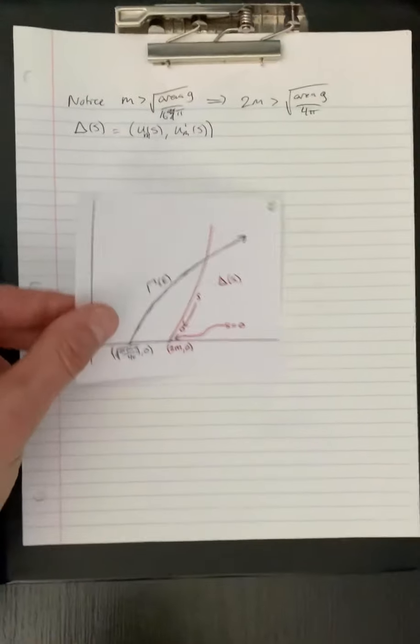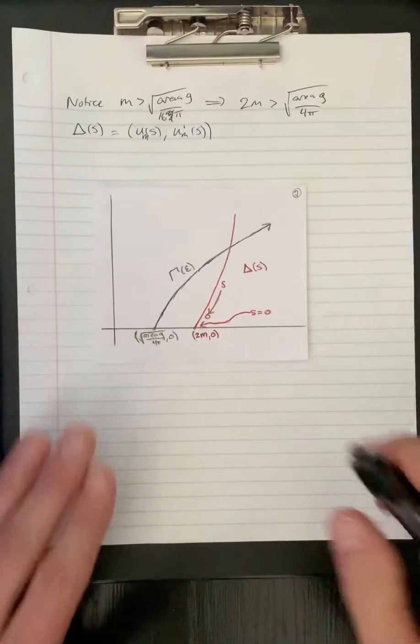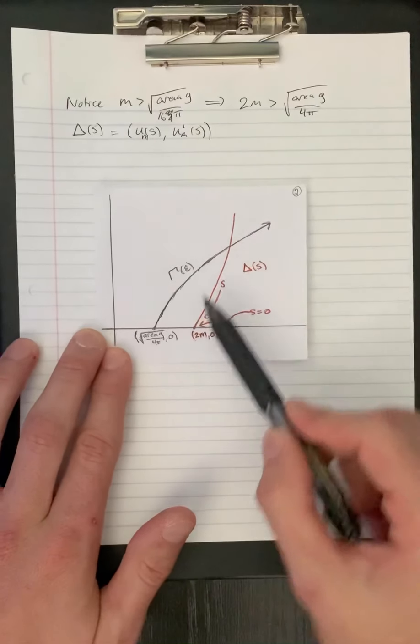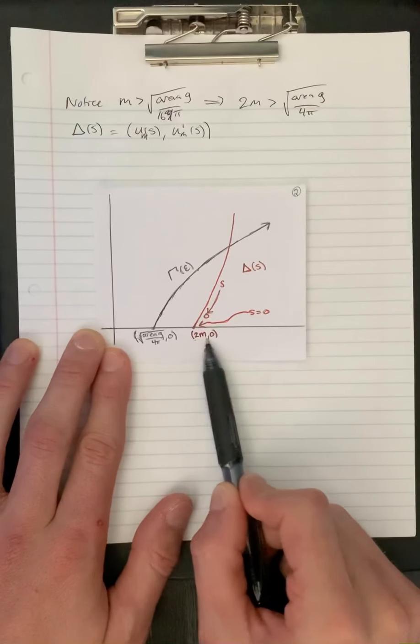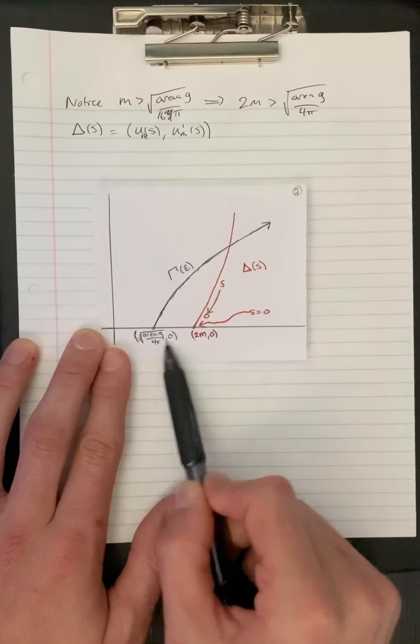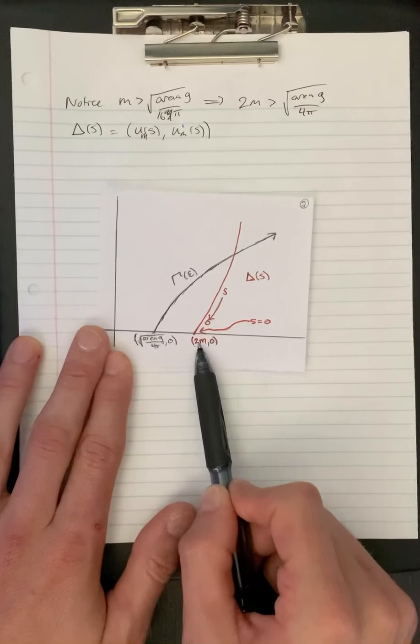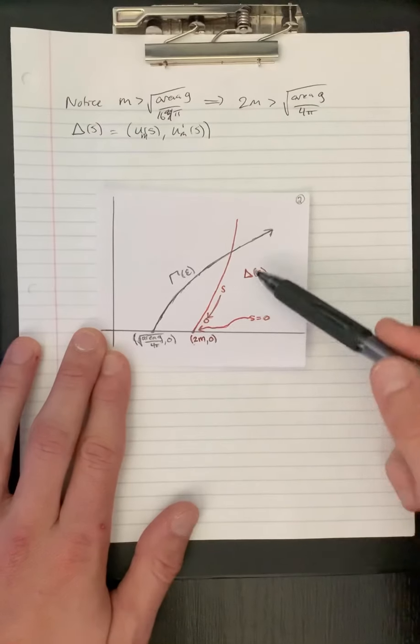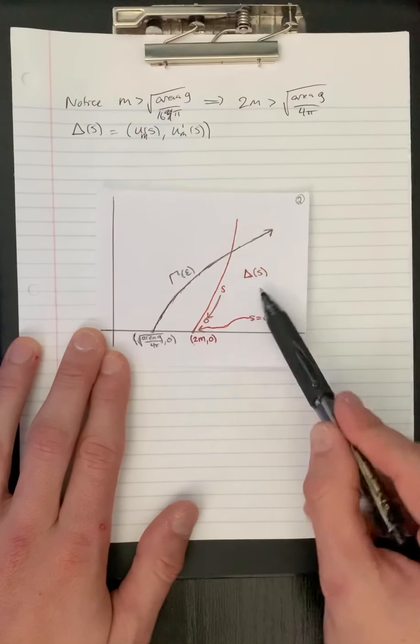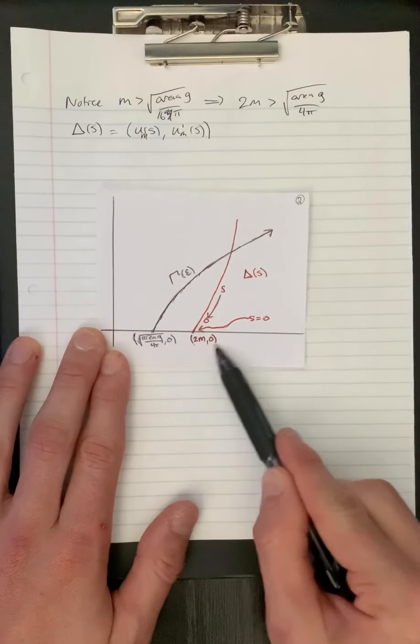So this looks like this. This is our original gamma. We note here that this point is to the right of this point because 2m is bigger than this. And as s goes to 0, delta of s converges to this point.